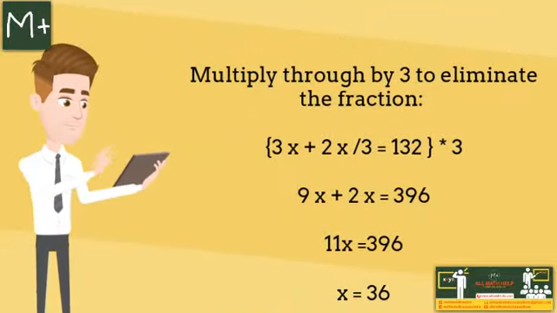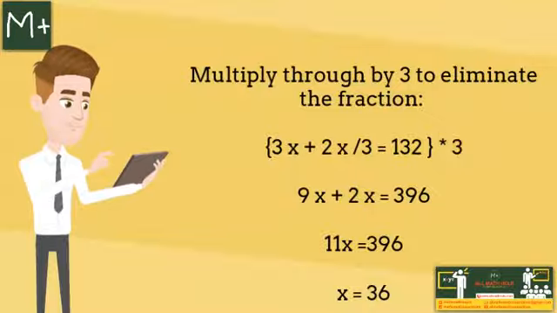So 3x into 3 becomes 9x, plus 2x by 3 multiplied by 3 gives us 2x, equals 132 multiplied by 3, which gives us 396. So the overall equation becomes 9x plus 2x equals 396, and it gives us 11x equals 396, and x equals 396 divided by 11, which gives us 36. So the value of x is 36.